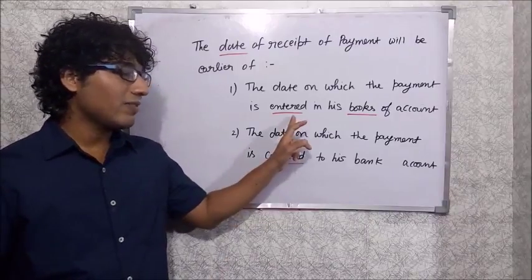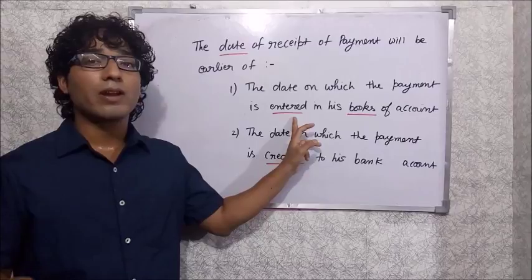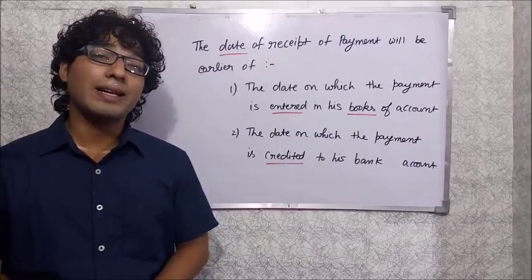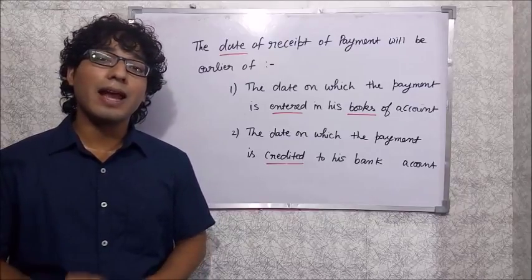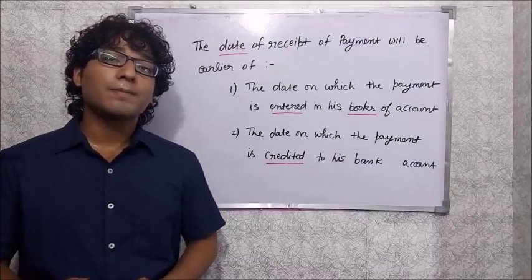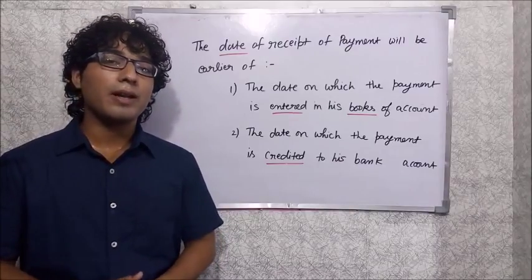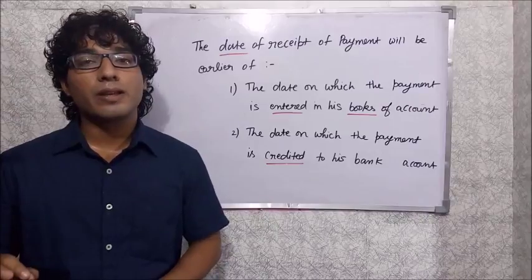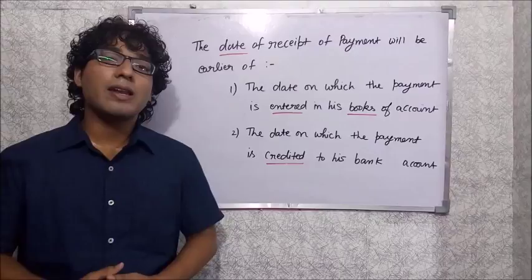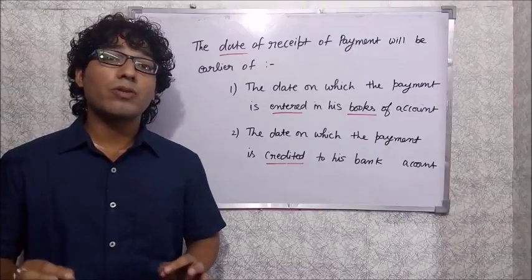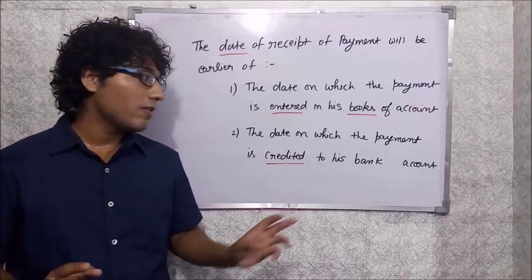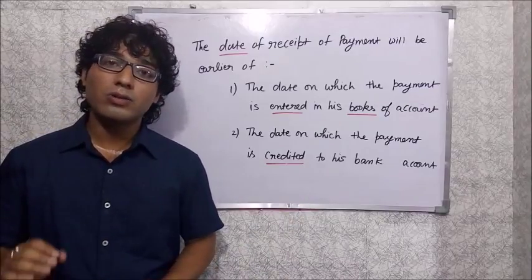The first event is when the supplier enters the amount in his books of account. We can say the amount is entered in his books of account when he makes the entry, which will be bank account debit, and the supplier's account, or the debtor's account, will be credited. The second event is when the amount is credited into his bank account.